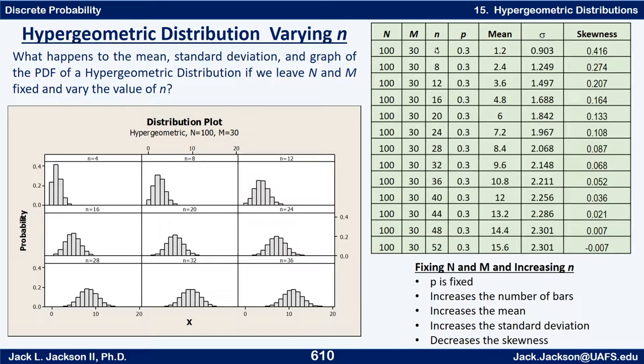But we also see, since the mean is n times p, leaving p fixed, increasing n is going to increase the mean. And the standard deviation, if you look, is also increasing. But the skewness is actually going down, so it's getting closer to being symmetric as we go along here.